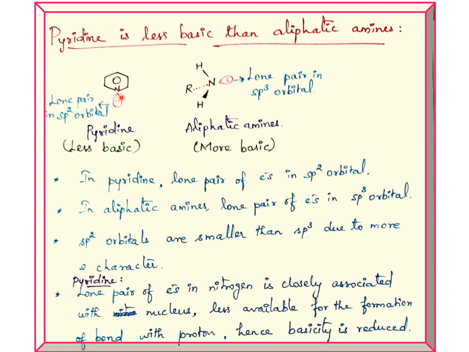But that reaction with the proton is not that easy because the lone pair of electrons is very close to this six-membered ring, and its availability for further reaction with the proton is less. So the basicity of pyridine is reduced. So it was concluded that pyridine is less basic than the aliphatic amines.